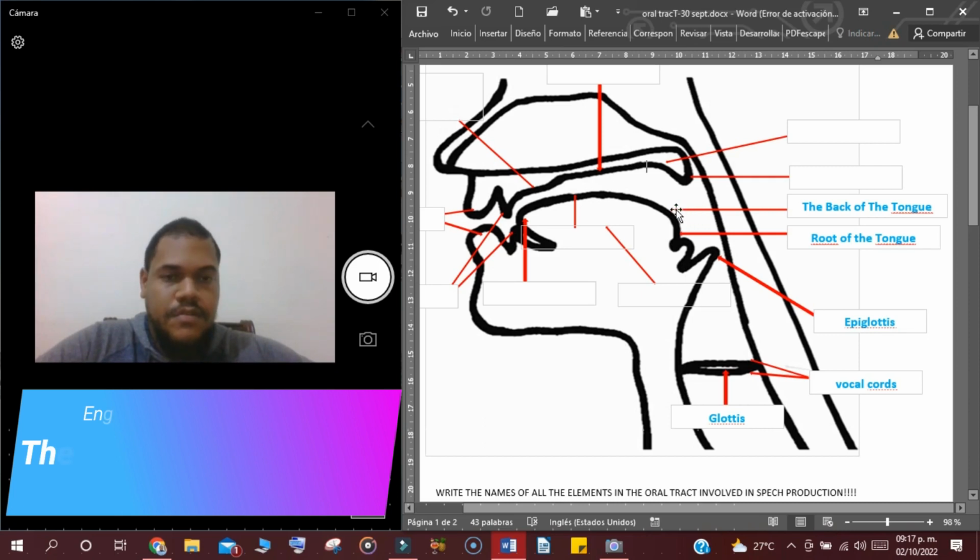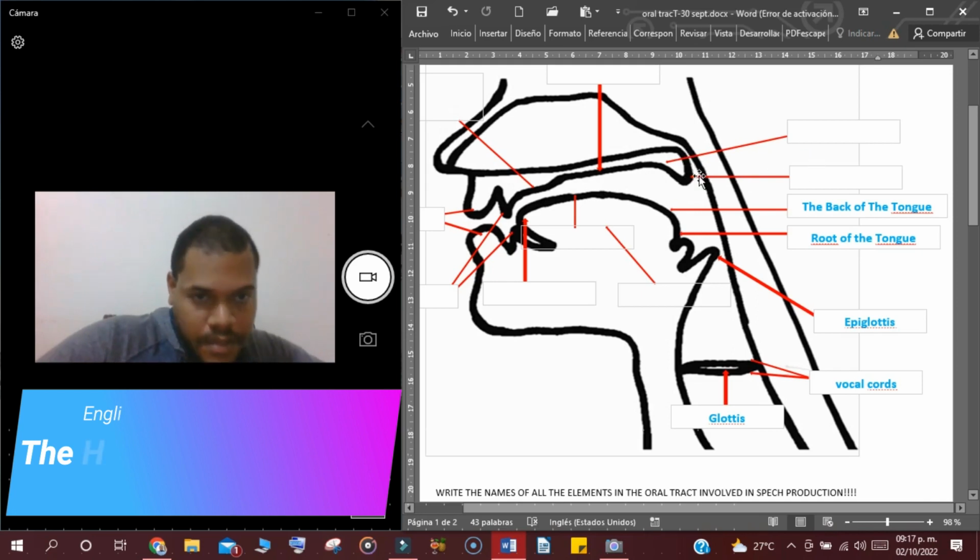The back of the tongue is used to articulate the vowel sounds right here. Velarization can occur here. It occurs when the back of the tongue closely touches the velum. So here, that part is the uvula.